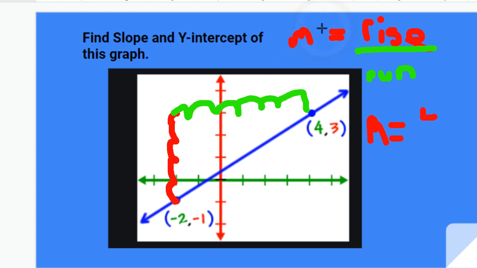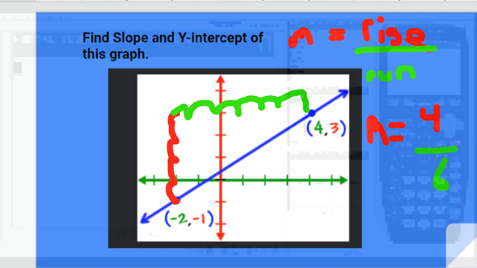So I rose 4. Let's see how much I ran again: 1, 2, 3, 4, 5, 6. So m is 4 over 6, so 4 divided by 6.